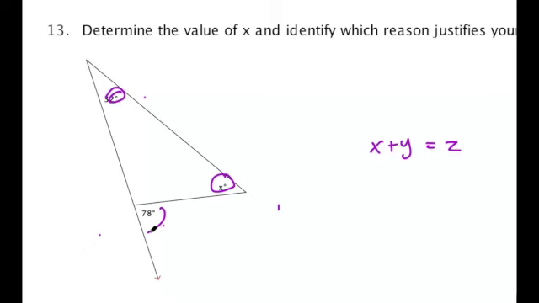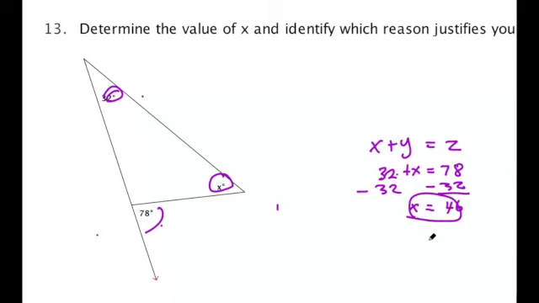So if I plug those numbers in, I've got 32 plus x equals 78. I'm just going to subtract 32, and it's 46. It didn't say to do anything else with that, so that's what that would be. You're just using some subtraction.